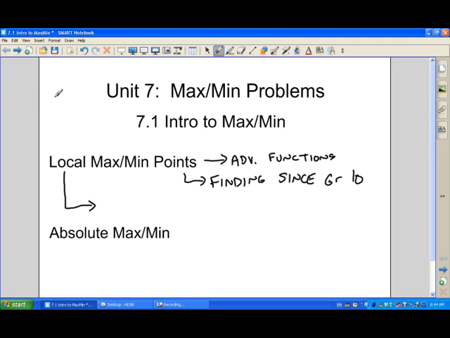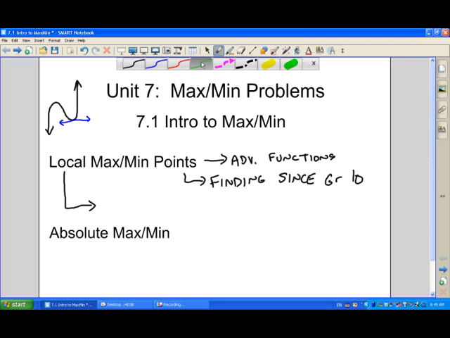If I just think about a curve, something like that, this would have one local max and one local min. And if I think about this in the calculus sense, at the local maximum, the slope of the tangent would be 0. At the local minimum, the slope of the tangent would also be 0.